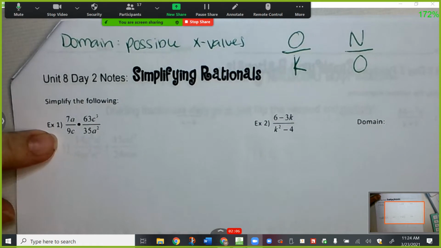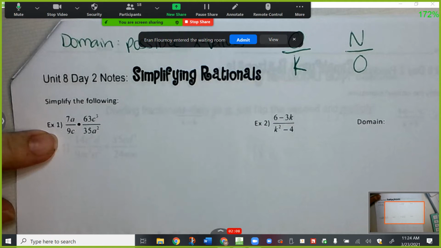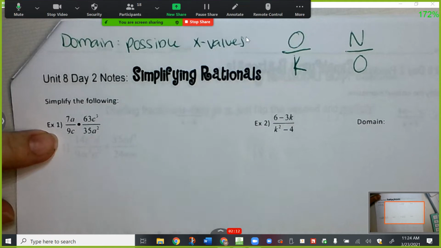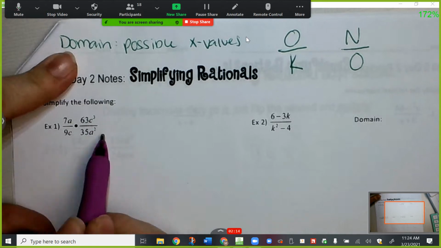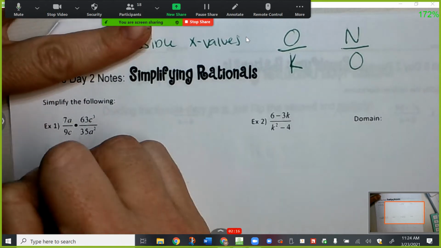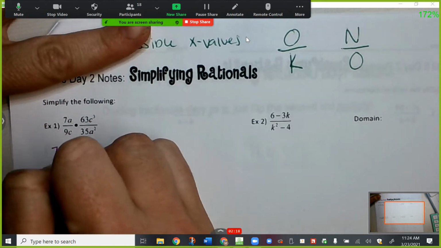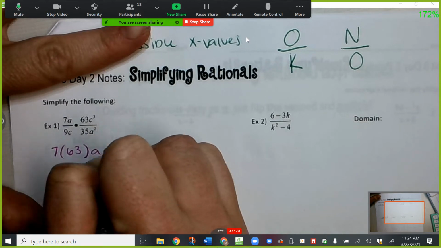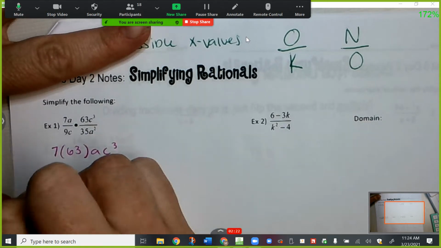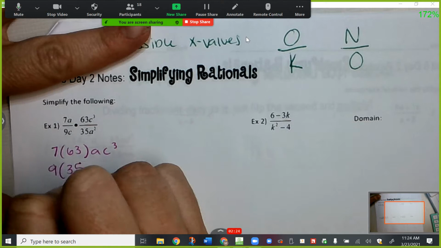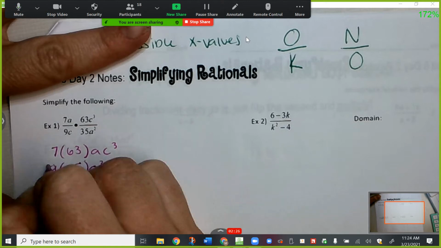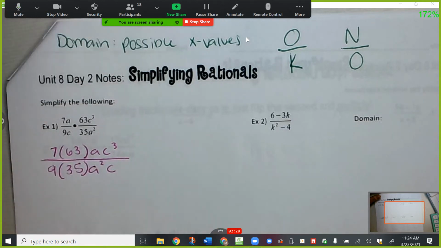So this is multiplication, and I want you to realize that you just multiply across for multiplication. So this is 7 times 63 AC cubed, and this is 9 times 35 A squared C. All I did was reorganize it.